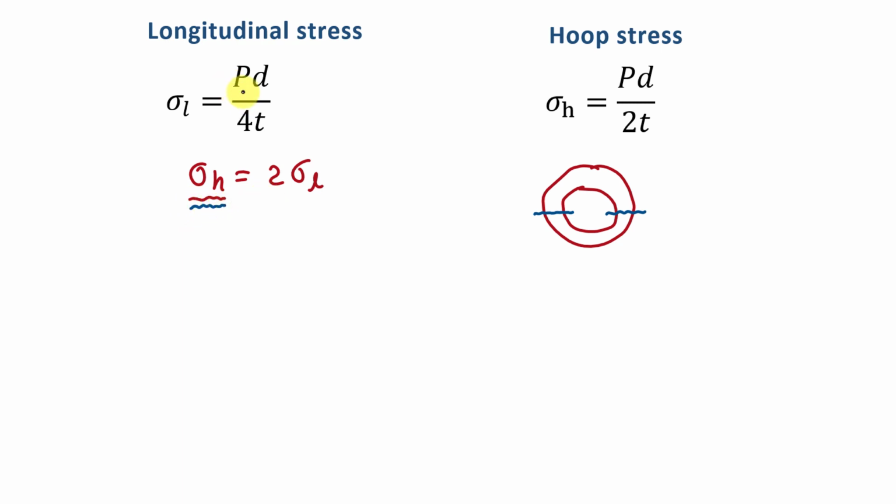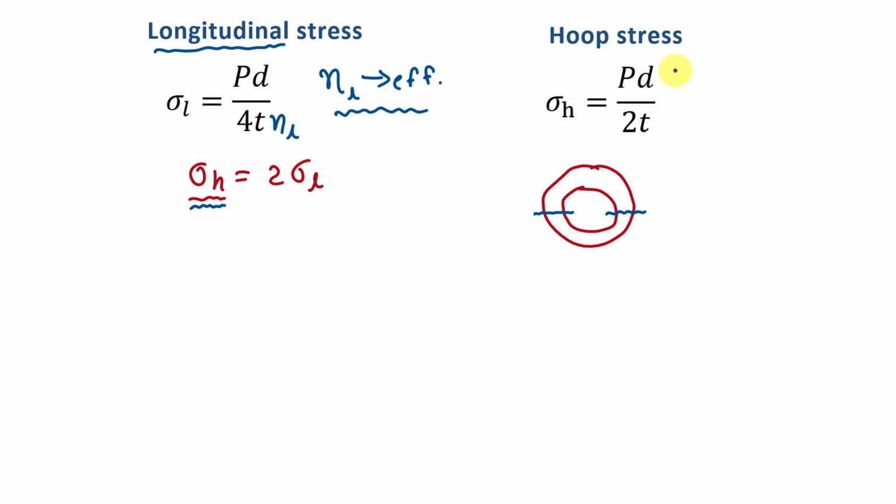Let's say in the question, if efficiency is given to you along the longitudinal direction, then you have to take this eta L here. So your equation will become sigma L is equal to PD by 4T into eta L. Here this efficiency may be due to non-homogeneity of material, or it may be efficiency due to a joint in the longitudinal direction.